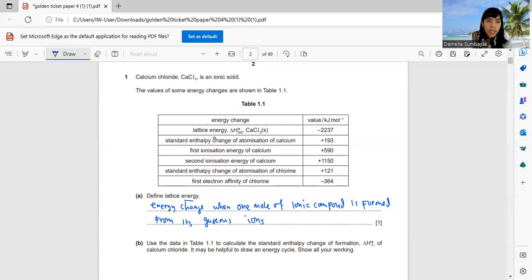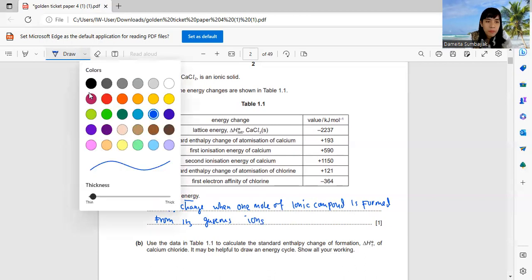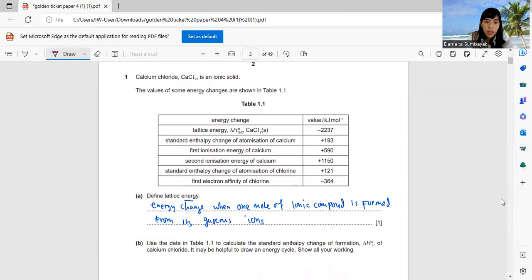The keyword right here is energy change. 1 mole of ionic compound formed from its gaseous ions. So the ions should be in the gaseous state.